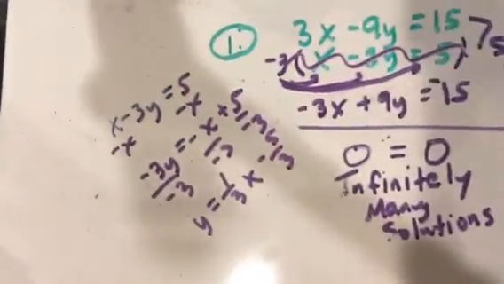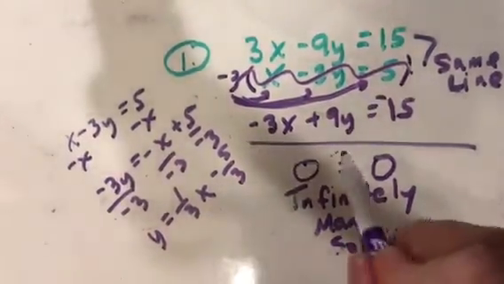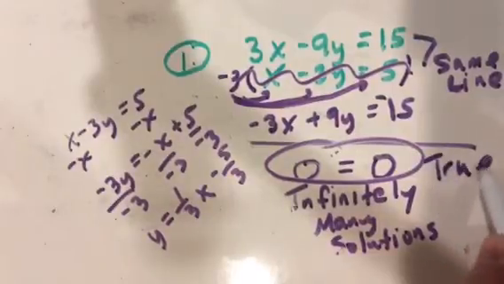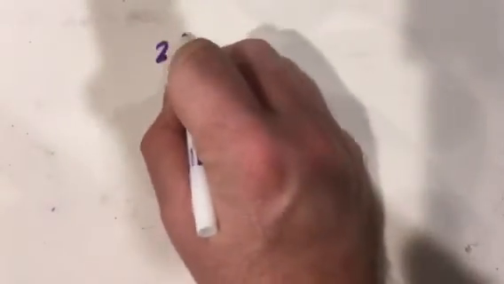So we don't see that when we're trying to do these problems, but it comes out right here. Our variables fall away. We're left with a true statement. That's why it's the same line, and that's why we have infinitely many solutions. So number one, infinitely many. Number 2.